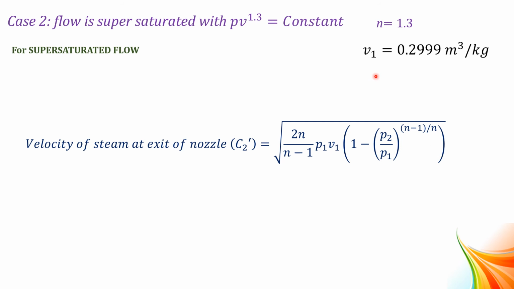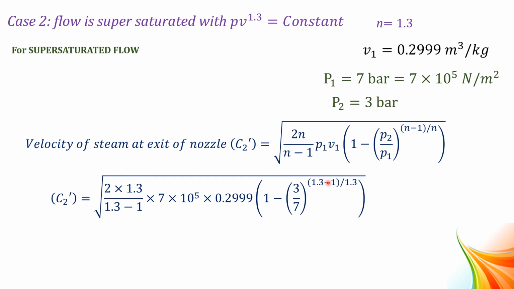We know the value of V1, which we have obtained from the steam table, and P1 equals 7 bar and P2 equals 3 bar. These values were given in our problem. Now substitute all these values in this equation. We get velocity C2 dash equal to 568.44 meters per second.